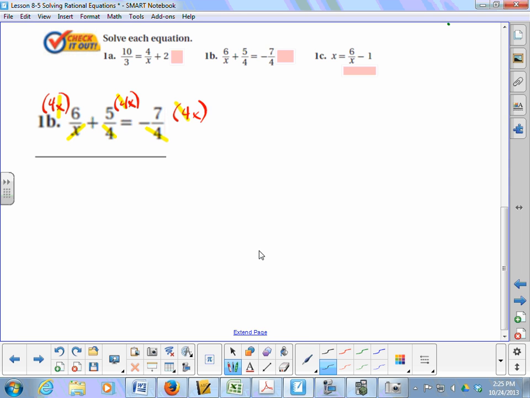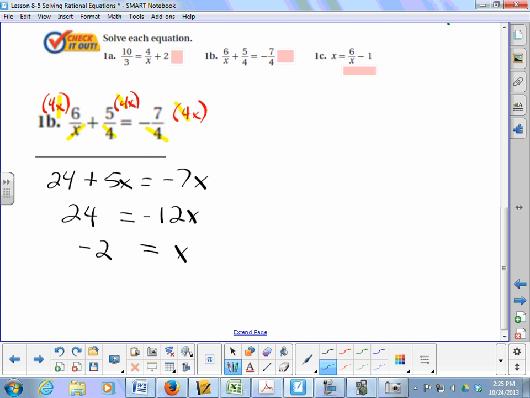And so for those of you who don't like fractions, I don't have them anymore. 4 times 6 is 24, plus 5x equals negative 7x. So I've got rid of my denominators. So now I have an equation that I'm much happier solving. So I subtract 5x from both sides and then divide by negative 12.